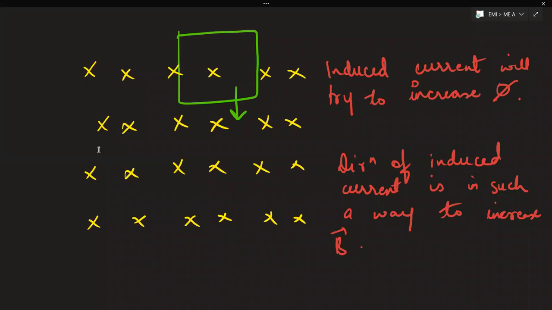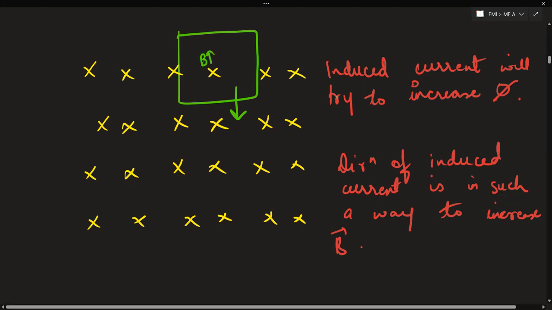Now tell me, if this coil is coming inside, definitely the number of field lines will increase. Why? Because this coil will now enclose more. As it moves downwards and closer, the number of field lines inside it will increase. So what will happen to the magnetic flux? The magnetic field increases, so the flux also increases.